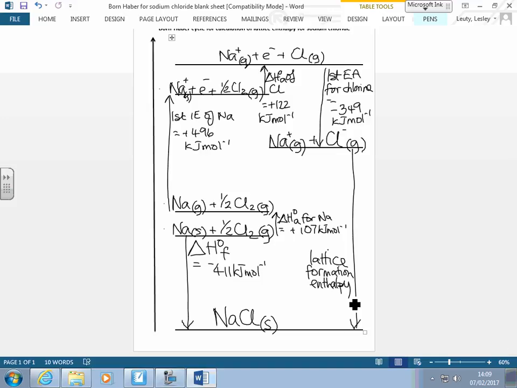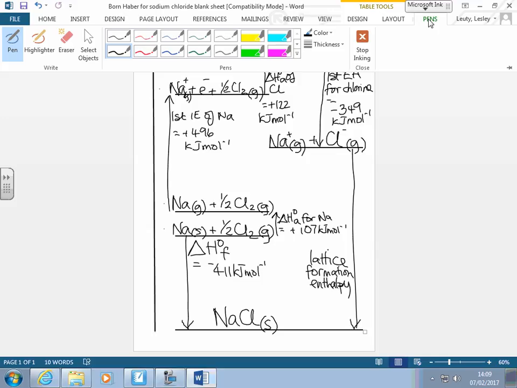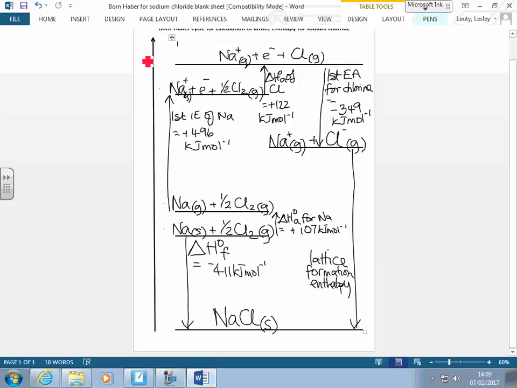Okay, now I'm going to just tag these changes with, I just want red. I'm going to call these, just give them numbers so they're easier to handle. We'll call this 1, we'll call this 2, 3, 4, 5, and then the final one, the one that we want to work out, is 6.